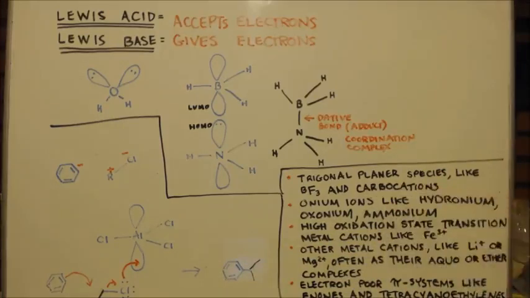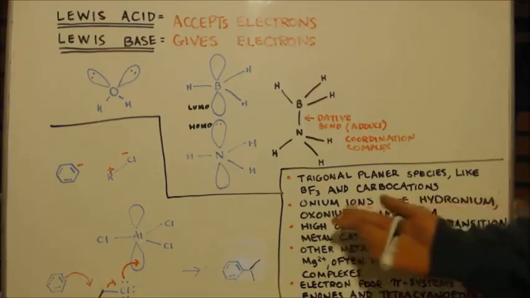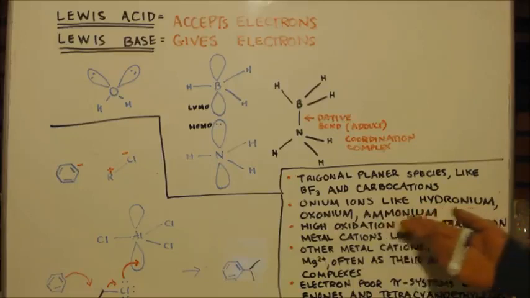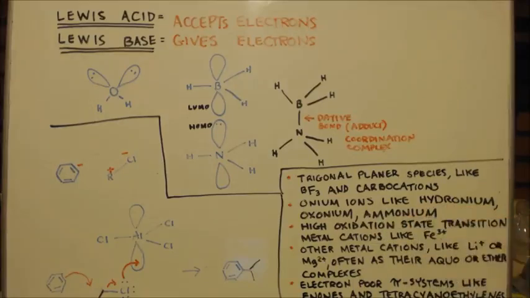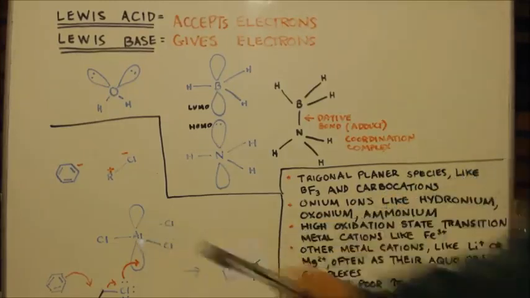Oxonium ions, you might say, what's that? It's just basically a positive ion, like hydronium, H3O+, oxonium, ammonium, which a lot of people know. See how the end says onium. High oxidation state transition metal cations, as we said, this can be iron plus 3 chloride.